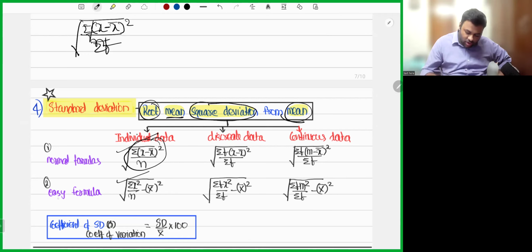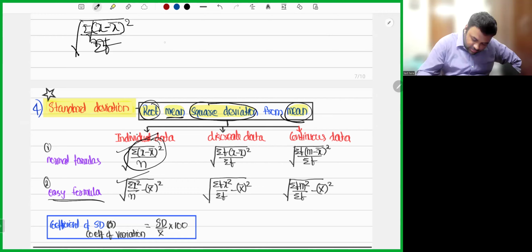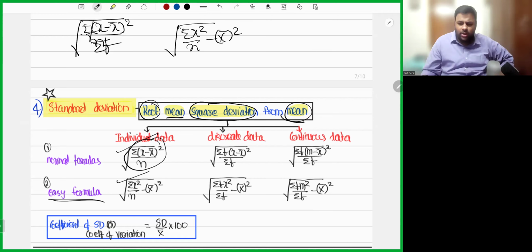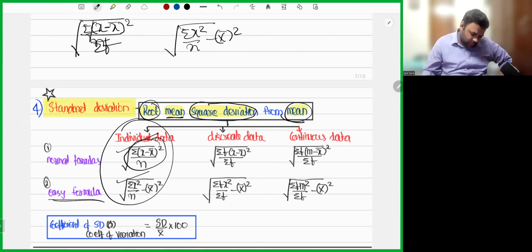These are called easy formulas: under root, summation of x square by n minus mean square. Any formula you use, you are going to get the same answer. Predominantly in examination, mostly individual data will be asked, compared to discrete data and continuous data.